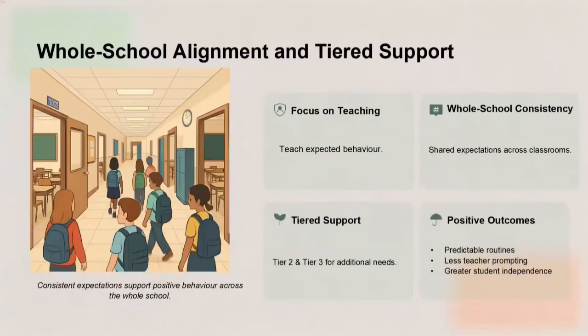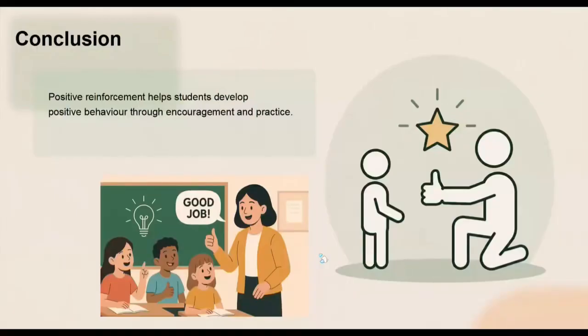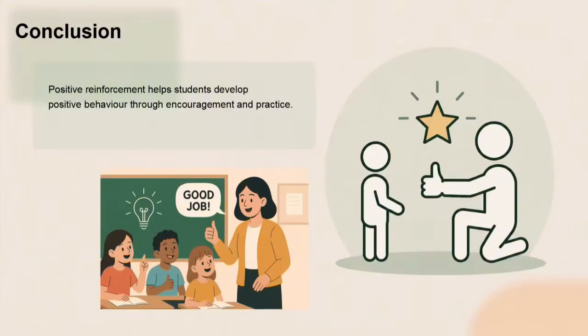While PBL is my primary focus, I also use restorative conversations when appropriate. When students hear the same expectations from different teachers, they know what is expected and become independent learners. State of Victoria 2021.